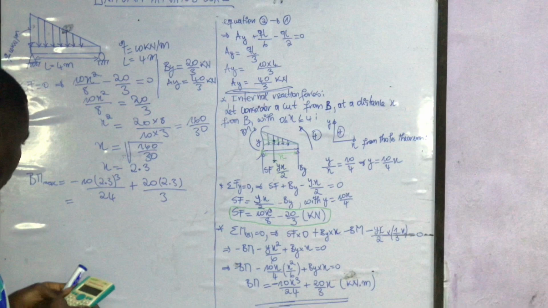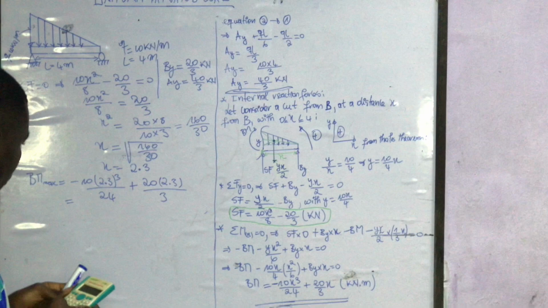So now we have the shear force SF equation. We will put the shear force equation here: 10x squared divided by 8 minus 20 over 3. Then we have the bending moment equation: negative 10x cubed over 24 plus 20x over 3.